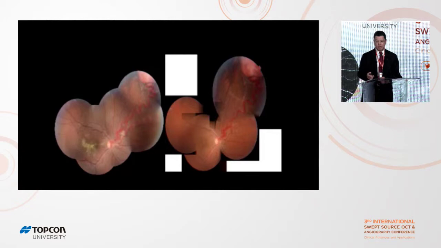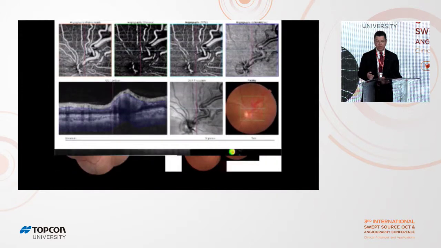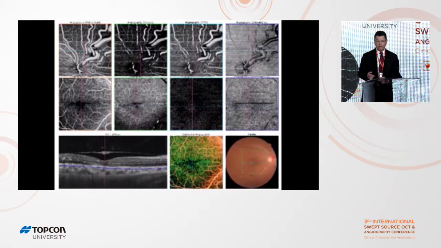This is another example demonstrating the feeder vessels and the peripheral hemangioblastoma here with subretinal exudation, and the OCTA shows very well the presence of the feeder vessels.